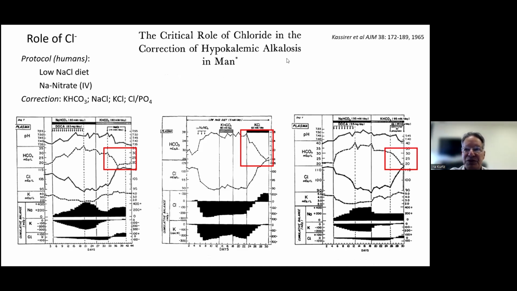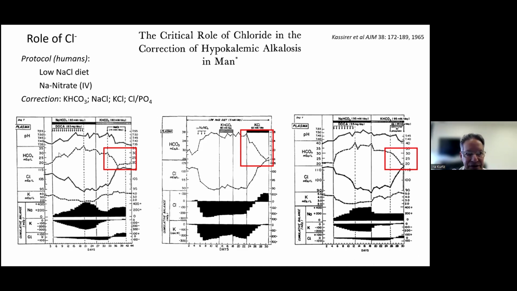They did a subsequent study a few years later, in 1965, in humans, and it was the same sort of thing, except that the metabolic alkalosis was created by giving sodium nitrate. If you give sodium nitrate IV to a human, you can create a metabolic alkalosis. We won't get into why that is now, but that's a fact. Bicarb was here.